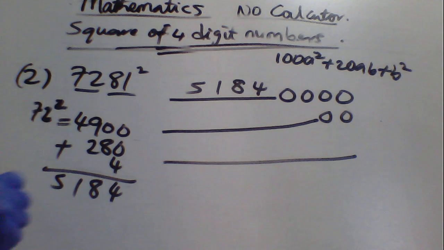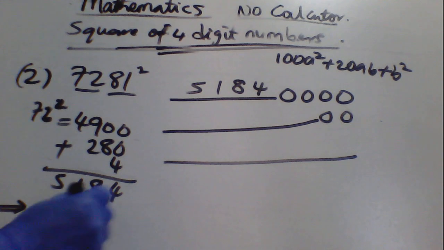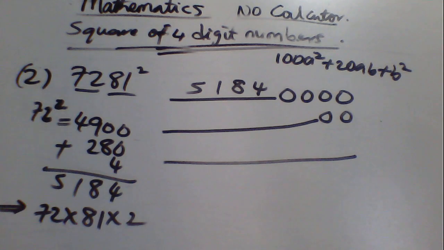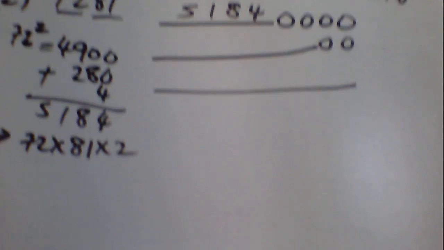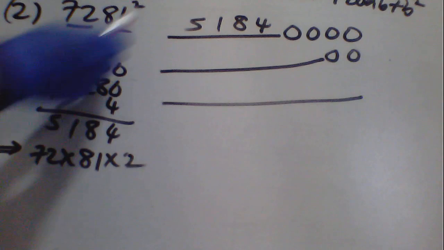So the second step is to find the product of 7281 times 2. Find the product of these numbers with their power.